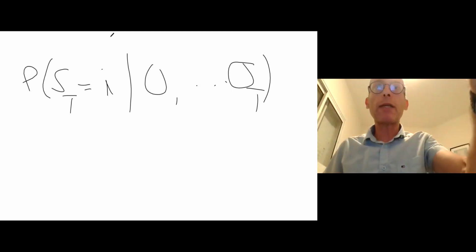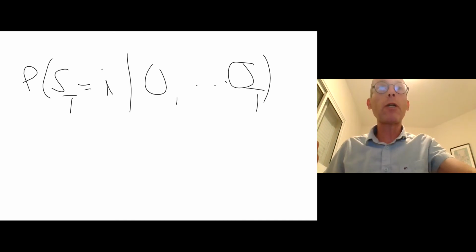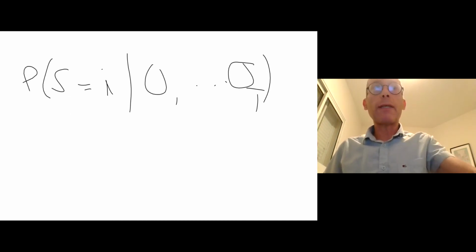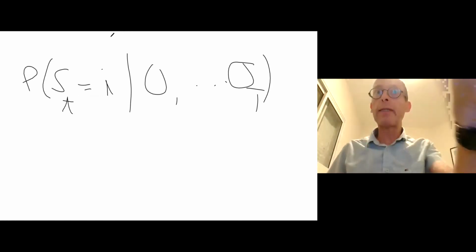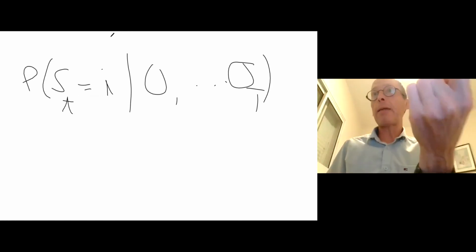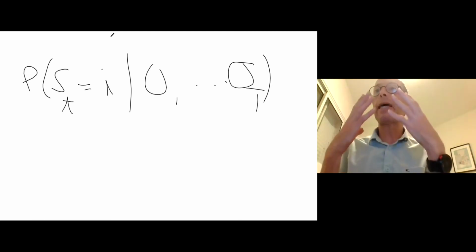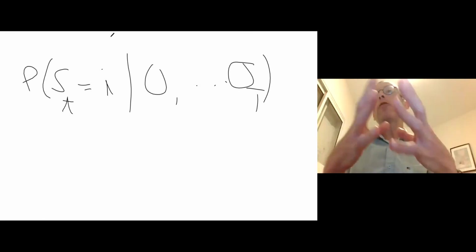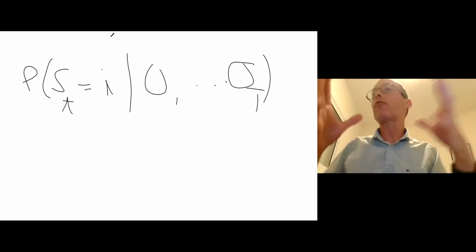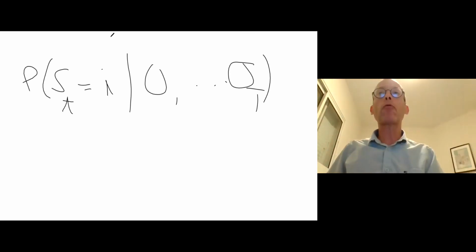So for example, just an arbitrary state in the middle when we condition on all of the observations. Again, the important thing here is that we condition on all the observations, not just observations up to t, but also observations after t. Up to t we did already, but this is something we haven't computed yet. But it's important because if I want to know what the state is at time t, then I need to condition on all the observations. It's not enough to condition on a subset. So this is something we want to compute.